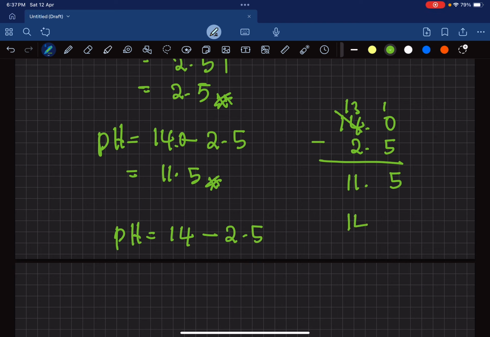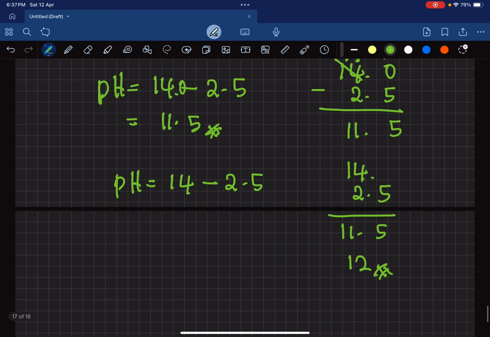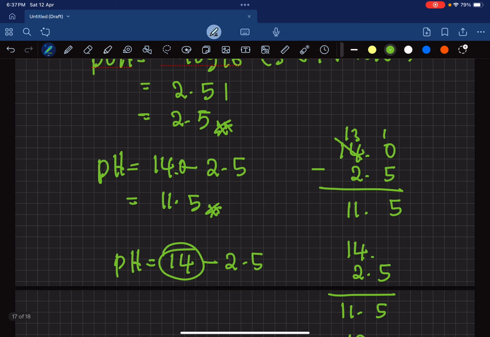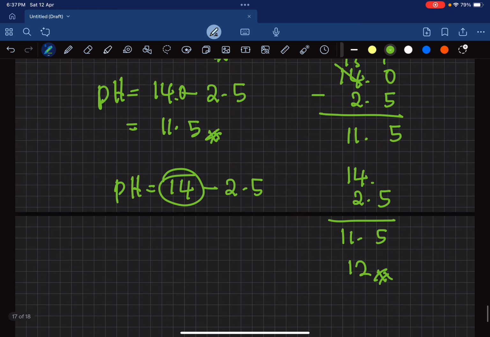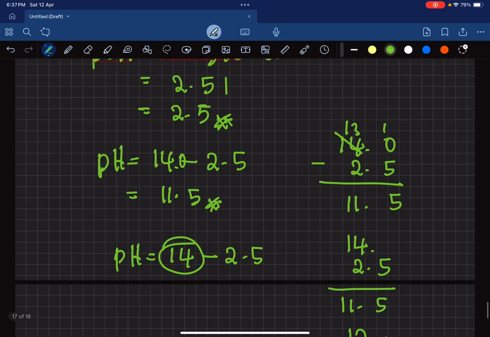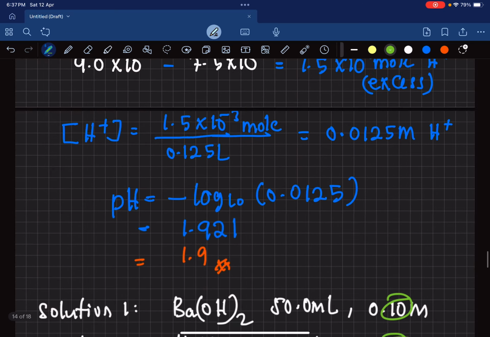No problem, we do the exact same thing. You still get 11.5, but we round this up to 12. So if you use 14, it's going to be 12. If you use 14.0, it's going to be 11.5. Both are acceptable. That's basically how we do this calculation.